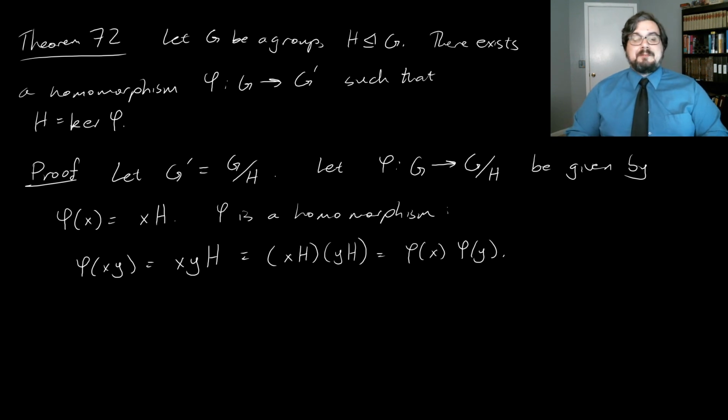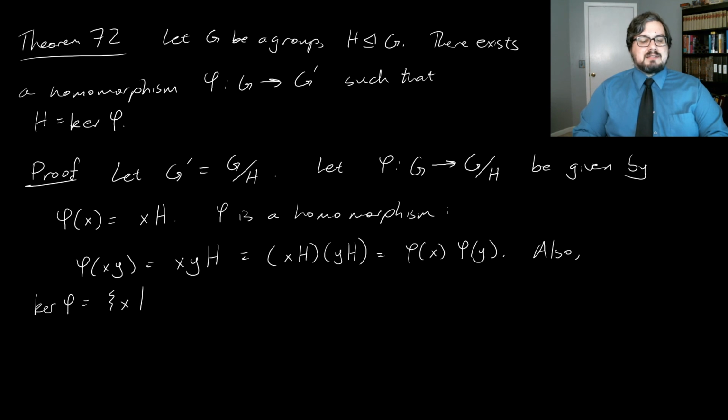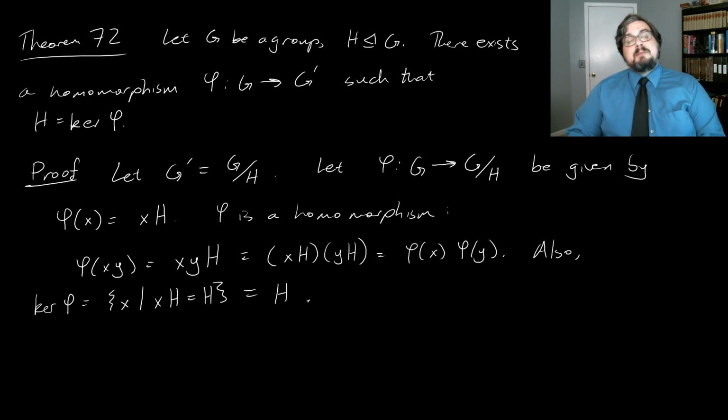So proving that phi is a homomorphism is completely direct. There's nothing too clever about that. And then also we have that the kernel of phi is the set of all x's such that xH equals H, but we know that the only elements that do that are the elements of H. So we managed to construct a homomorphism with H as its kernel.